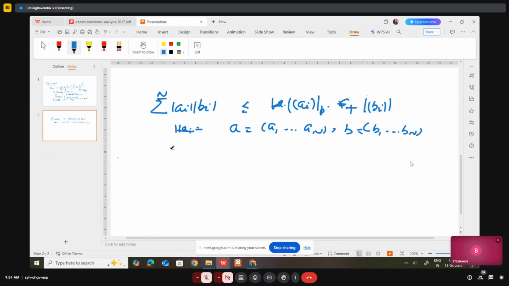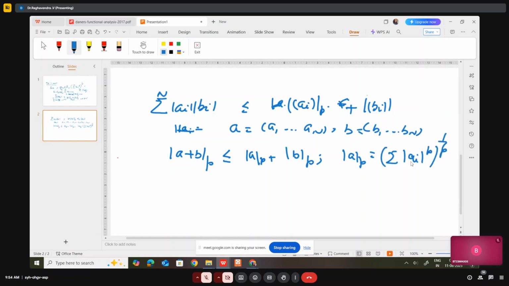What we had shown was that a plus b in the p-th norm is less than or equal to the norm of a in p plus norm of b in p. What is this norm of a in p? It is nothing but summation of mod ai raised to p, raised to 1 by p. That's the norm.